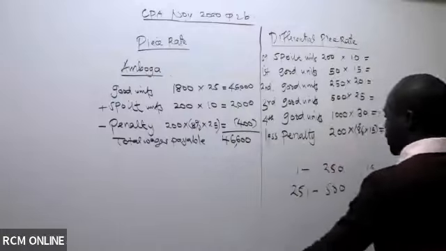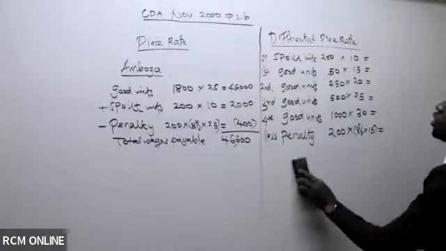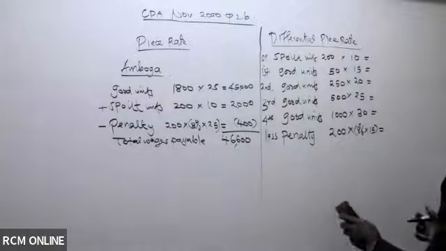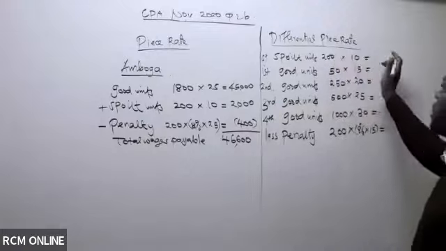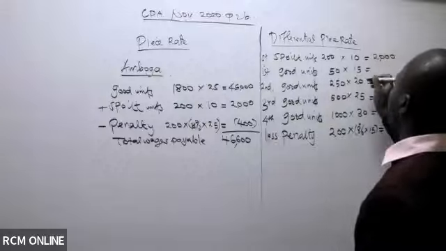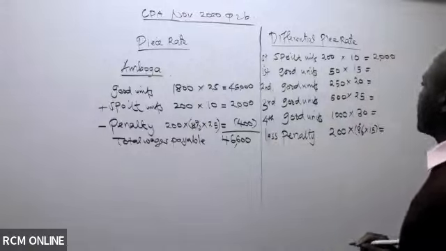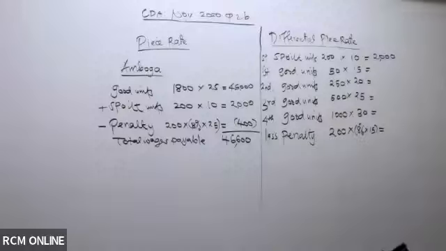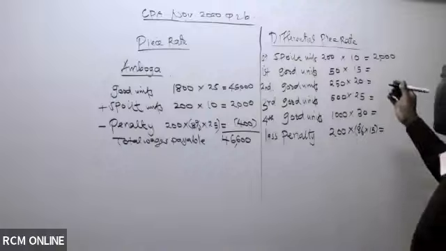So let's go ahead and get the total amount payable to Amboga under differential piece rate. We have 200 times 10, which gives 2,000. We have 50 by 15. What are we getting? 750.